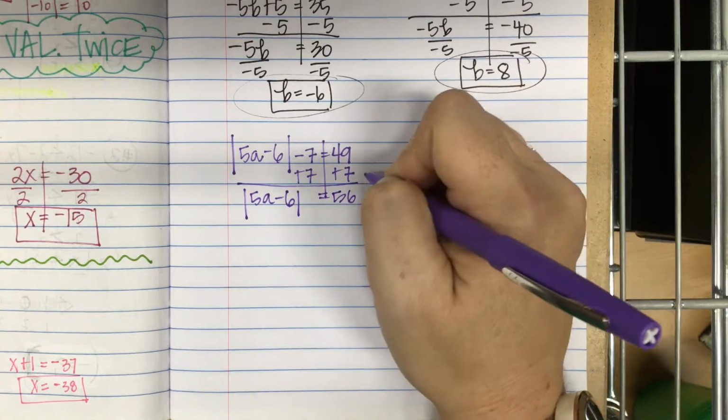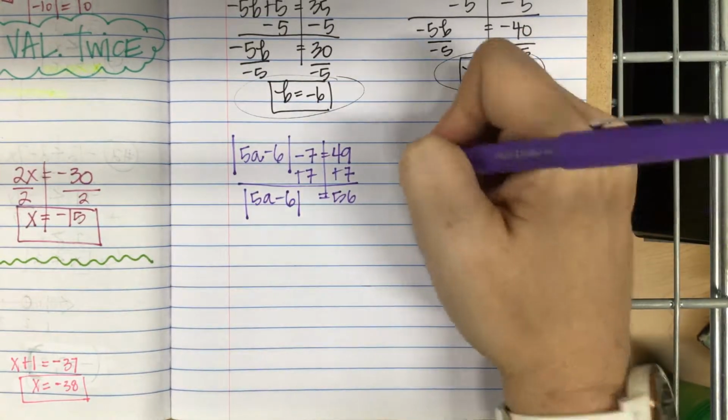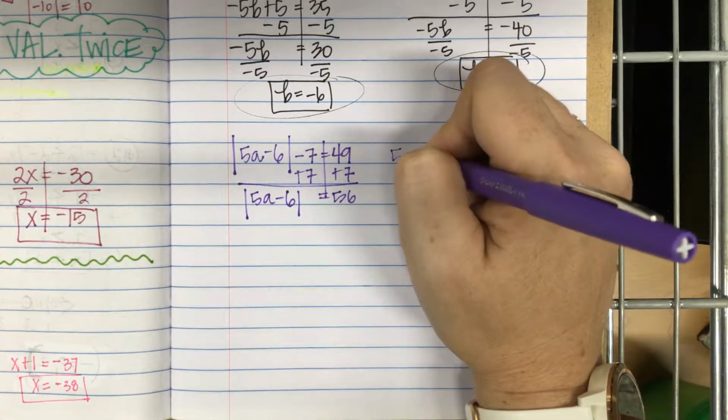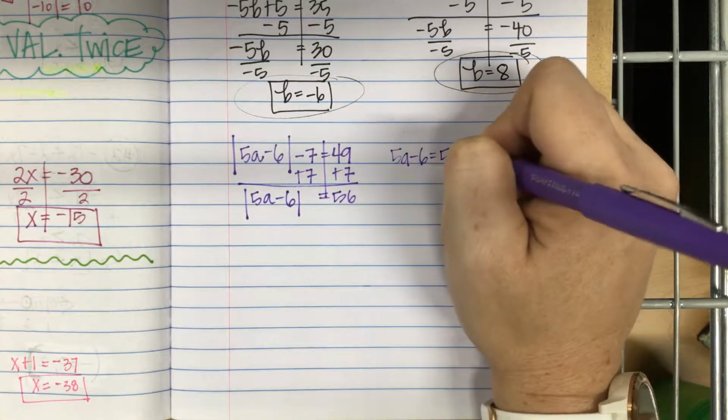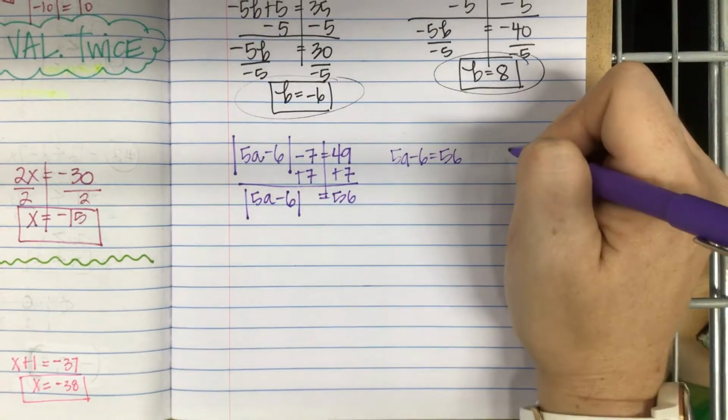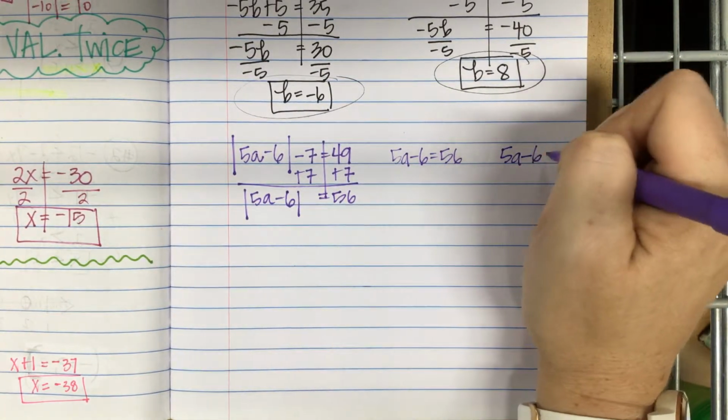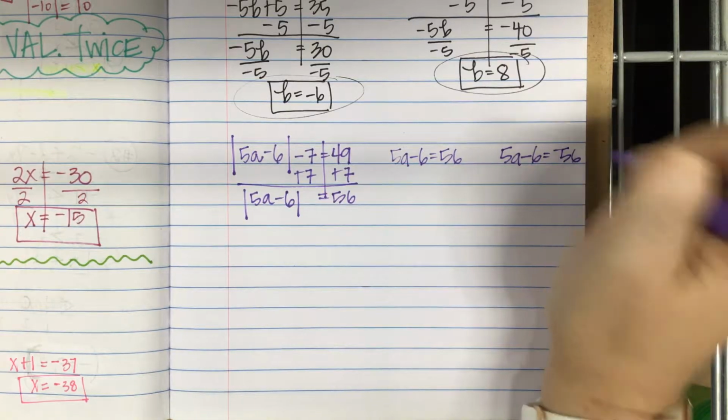And then I can solve it twice. I'm going to solve it over here. 5a minus 6 equals positive 56. And 5a minus 6 equals negative 56.